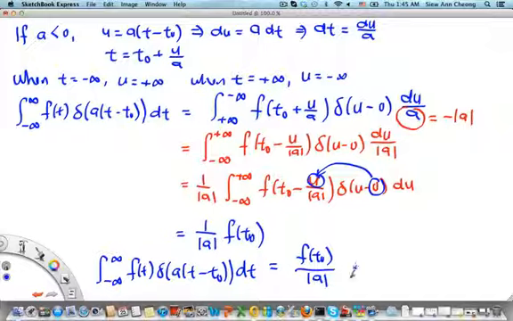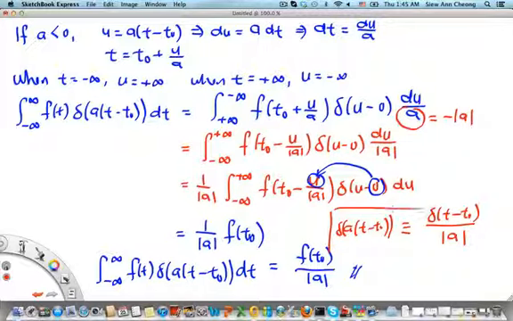So this is the scaling property of the Dirac delta function, and it appears that this integral suggests that we can treat delta(a times (t minus t0)) somewhat like delta(t minus t0) divided by the absolute value of a. So this is the scaling property of the Dirac delta function.